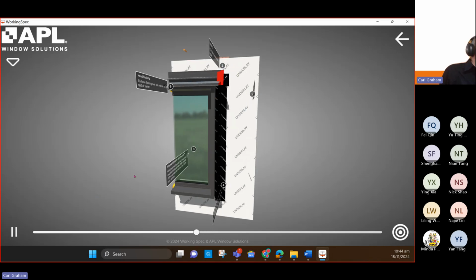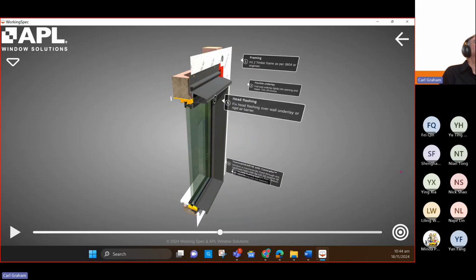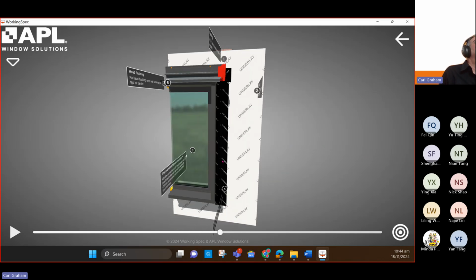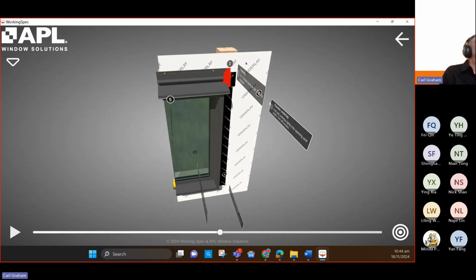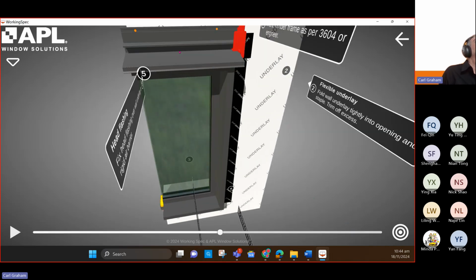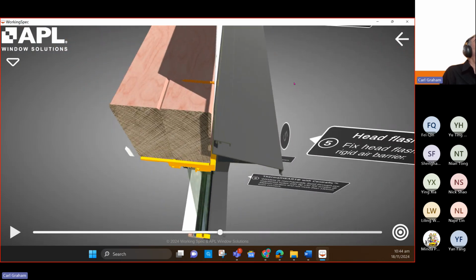Now, this is all related to this product, so in other circumstances the process would be different. But the beauty with this software is it gives that idea to the builder and everybody on how it all goes together. So you've got this flashing here at the top that sits up on top of the paper.